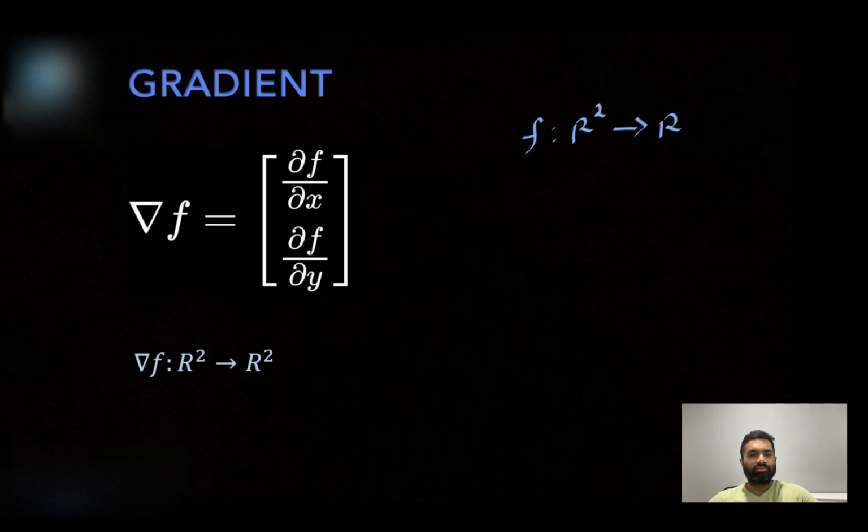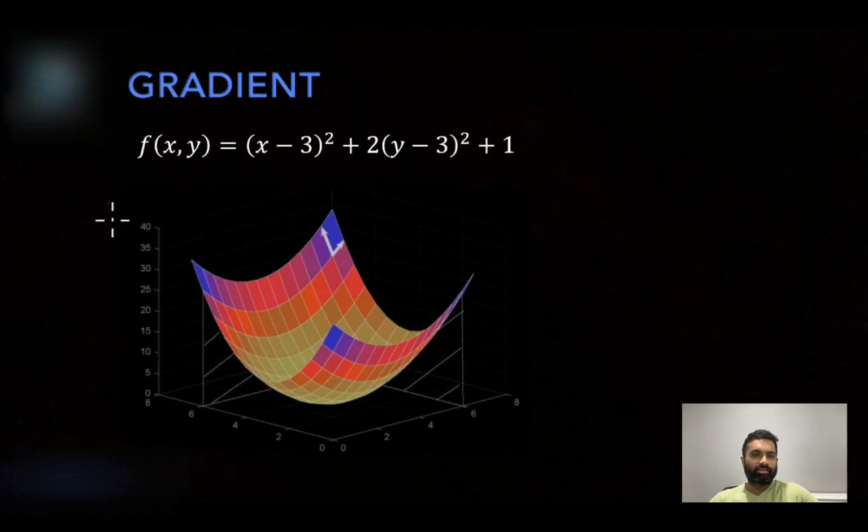So let's visually try to see what this gradient means. I have taken this particular function of two variables, x and y, and I have demonstrated this function using this particular curve. Let me denote the axes first. What is the x-axis in this case? It is not explicitly mentioned, but this axis is the x-axis here.